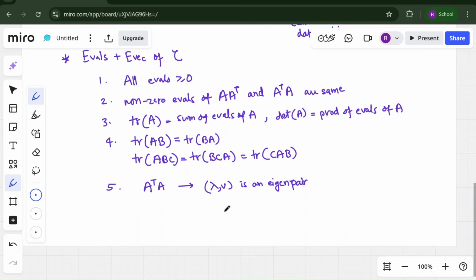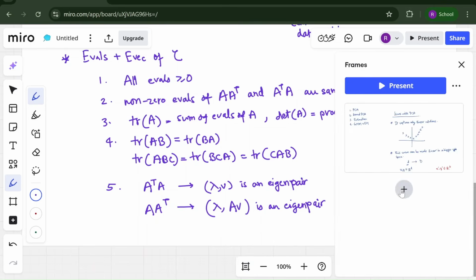In that case, what will be the eigenpair of A A transpose? It will be lambda comma A times v. You can easily see this. This is an eigenpair.